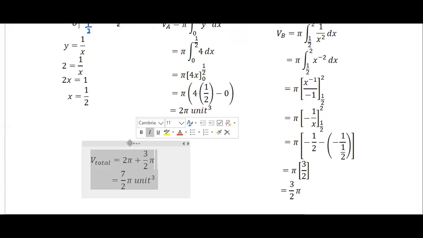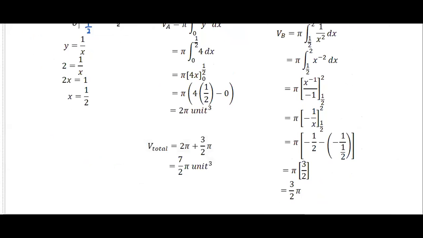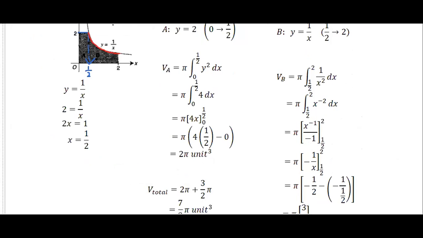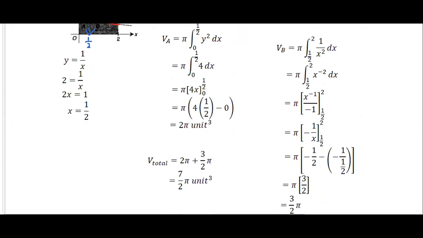Cikgu tak berapa faham soalan kamu. For x squared, okay, yeah, for x squared just now, this one, y squared. Y is 2, so y squared is 4. Okay, let you screenshot this one kalau kamu nak.